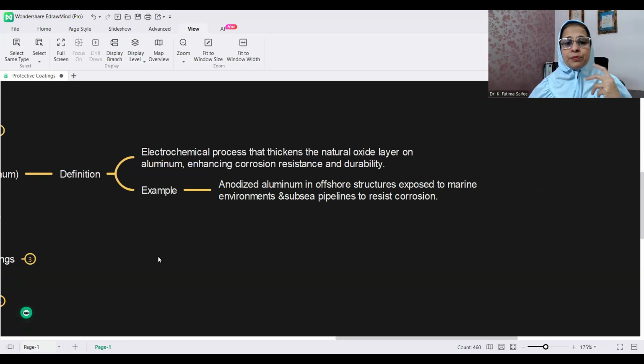Whenever it is exposed to oxygen, it forms an oxide layer, and that oxide layer acts as a passivation layer. After that layer develops on any aluminum metal or coating, it will resist corrosion. There is no chance of more corrosion unless it is a very, very harsh environment.